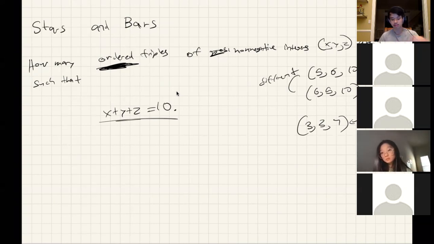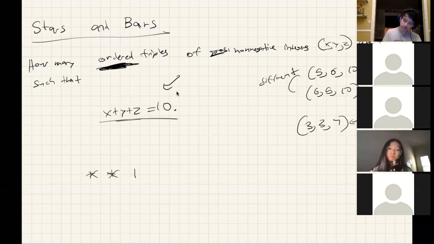But anyways, back to the problem we're dealing with, which is how we find the number of ordered triples of non-negative integers with this property. The way we do this is through stars and bars. So let's say we have 10 stars, which are just asterisks, in a row.